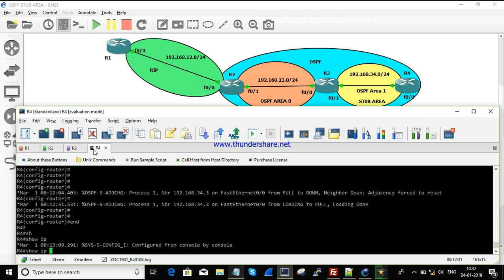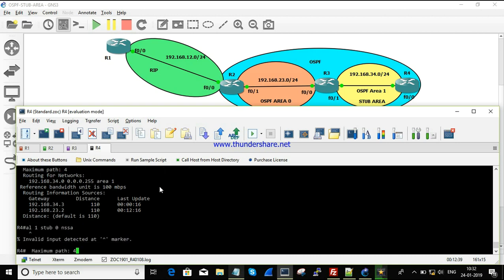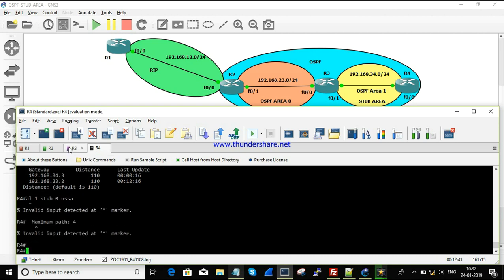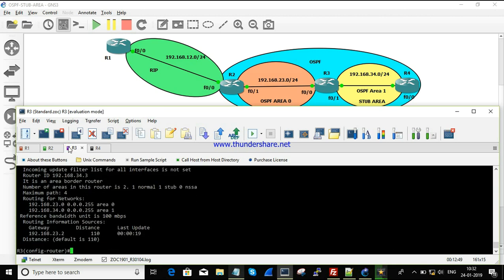Before that, we can check the protocols to see whether it is a stub or normal area. Here it's indicated as one area, and that area seems to be a stub area. Here there are two areas, one is normal and one is a stub. You can see it here.